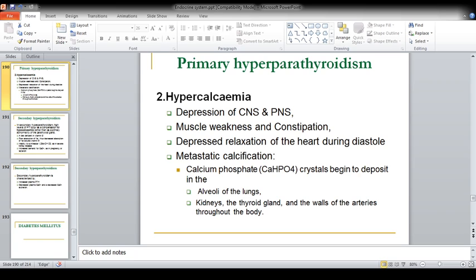So calcium phosphate crystals would begin to deposit in the alveoli of the lungs, in the kidneys, the thyroid gland, and the walls of arteries throughout the body. This is metastatic calcification. On the other hand, if calcium is depositing in the already damaged tissue, that would be known as dystrophic calcification.